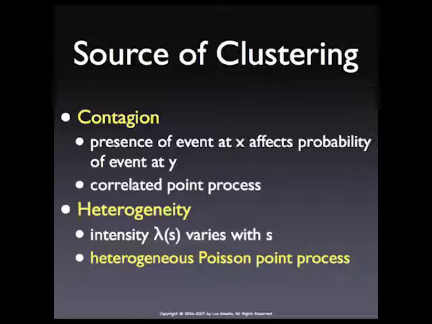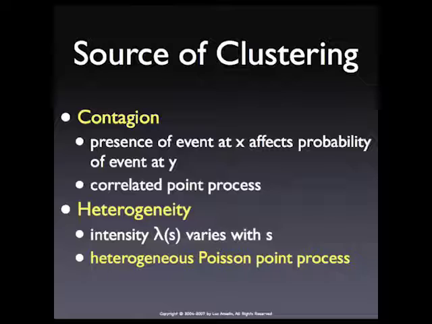But the second reason, and the one that is actually a lot easier to model, is heterogeneity. Remember, our assumption was that this intensity, the lambda, was constant throughout space. Now, if we let lambda vary through space, lambda is the intensity of the process, the average number of points we get in our box.